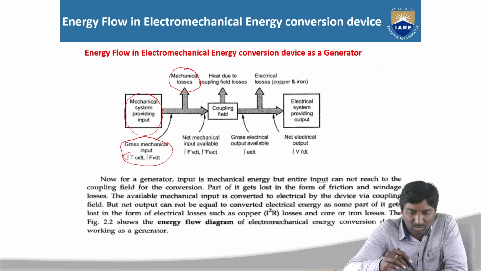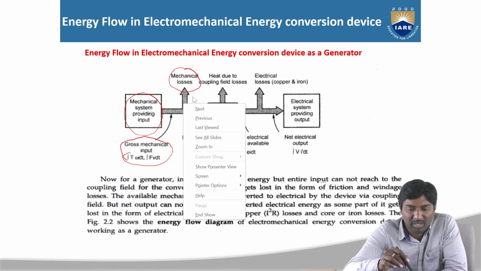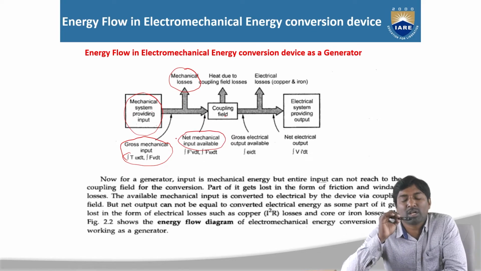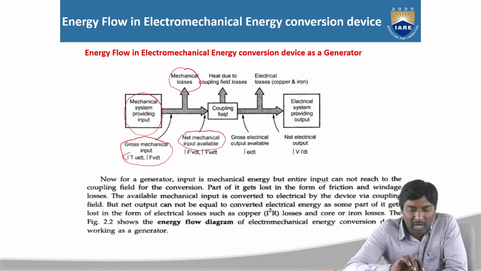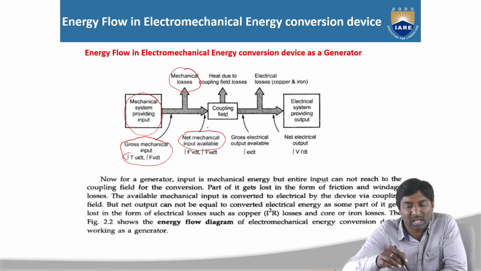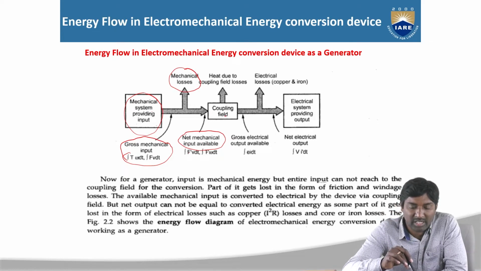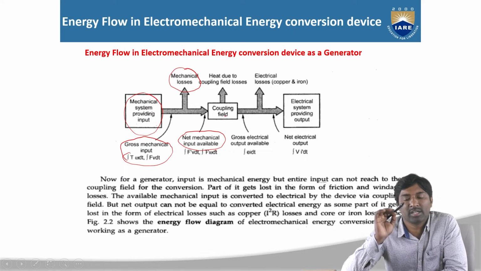In between the mechanical input and the coupling field, I am getting the mechanical losses. After the mechanical losses, I get the net mechanical input available. That means the mechanical input minus the mechanical losses gives the net mechanical input available at the coupling field, which I call the integration of F dash V dt, or the integration of T omega dt.